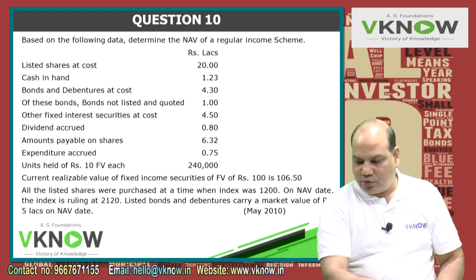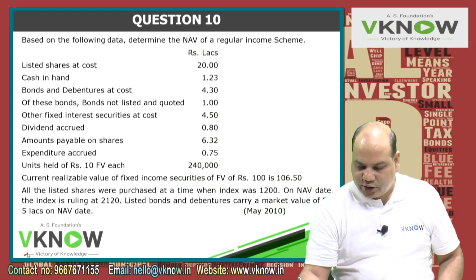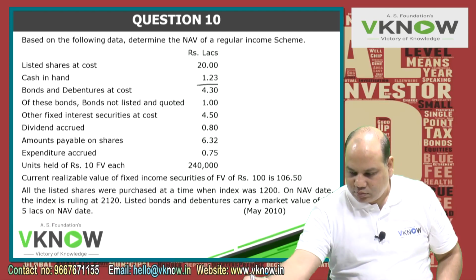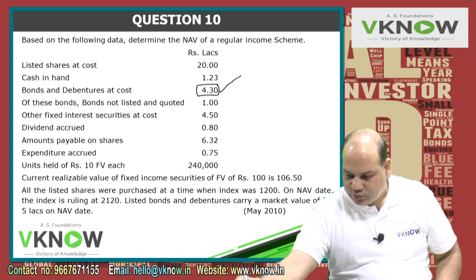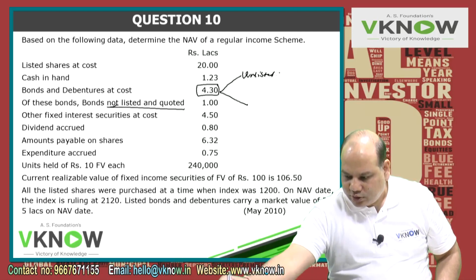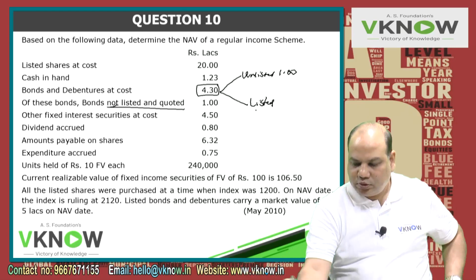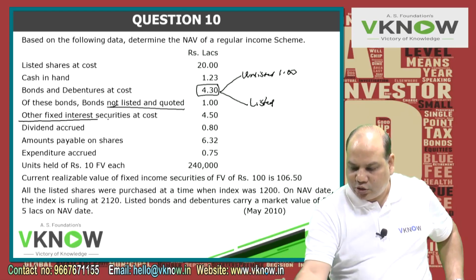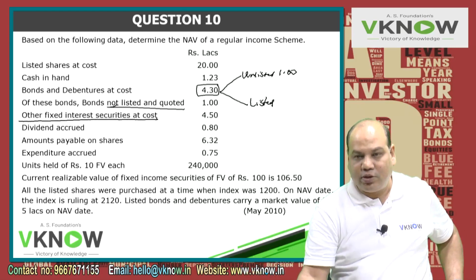So there are two types of bonds. Read carefully. Out of this there are two. Unlisted is one, and there must be some listed also, which is mentioned below. Other fixed interest securities at cost, other than bonds and debenture.